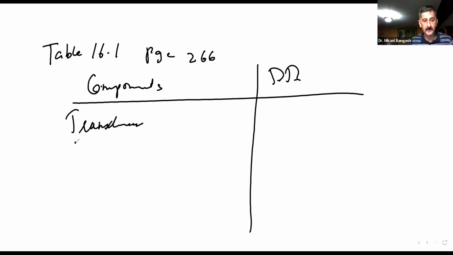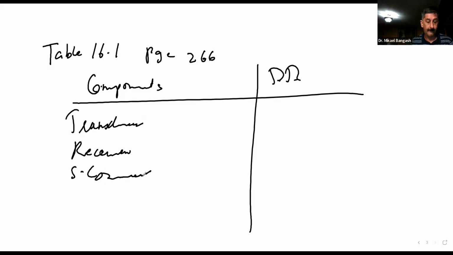The next one is your receiver. The next one is going to be your scan converters. The next one is your display. And the last one is what you can call the archive.